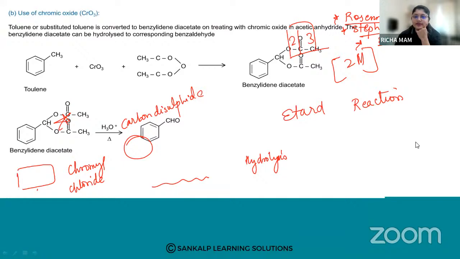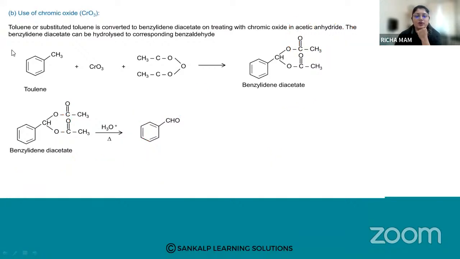Next, again we are going to do oxidation on toluene. We take toluene and treat it with CrO3, that is chromic oxide, in the presence of acetic anhydride.